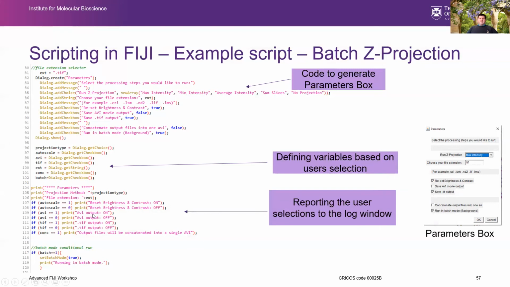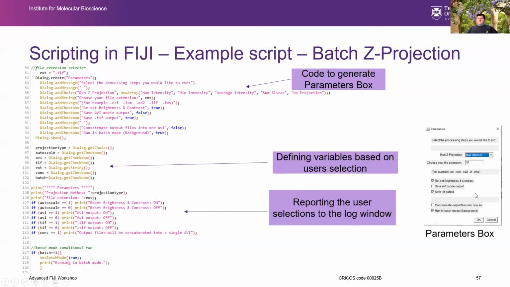Then we have some code that defines variables based on the user's choice. We have a variable called projection type, and it gets the choice of the projection here. One of the options is to reset the brightness and contrast of the image, so we have auto scale as a variable name, and it gets the checkbox choice.